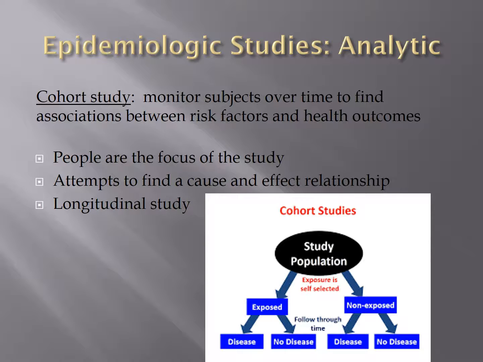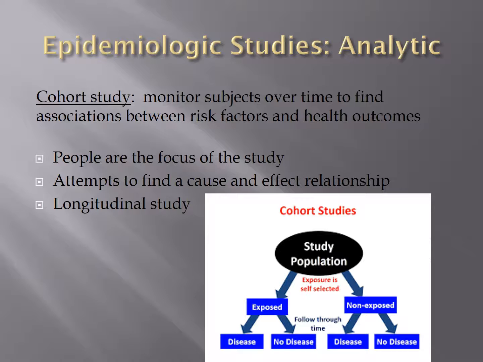There are two types of analytic studies, cohort and case control. It is important to know the difference between the two. Cohort studies monitor subjects over time and find associations between risk factors and health outcomes. In a cohort study, often people are the focus of the study. Cohort studies attempt to find a cause and effect relationship.